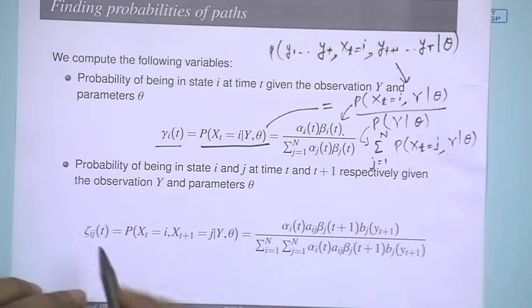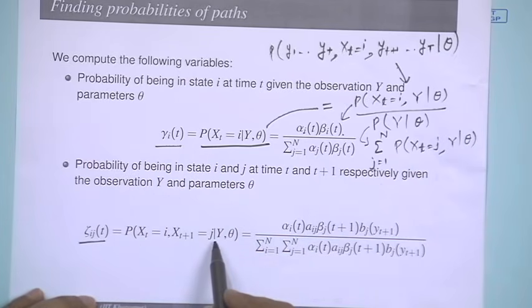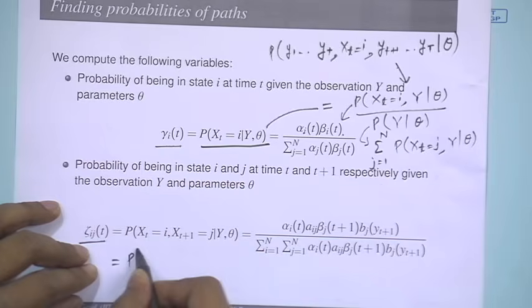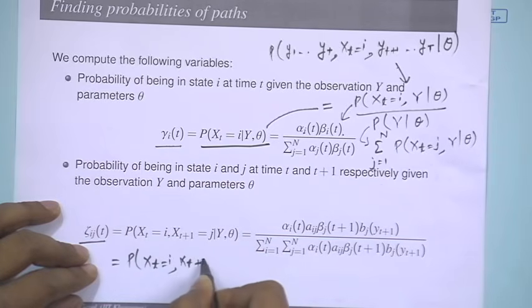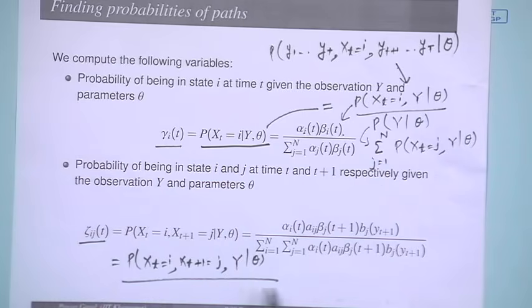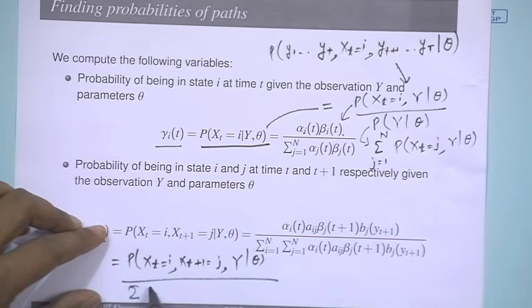Similarly, you can see for zeta_ij(t), that is the probability of x_t equal to i, x_{t+1} equal to j, given y and theta. In the same way, you can write it as the probability of x_t equal to i, x_{t+1} equal to j, y given theta, divided by the probability of y given theta, which we marginalize over all possible i and j.